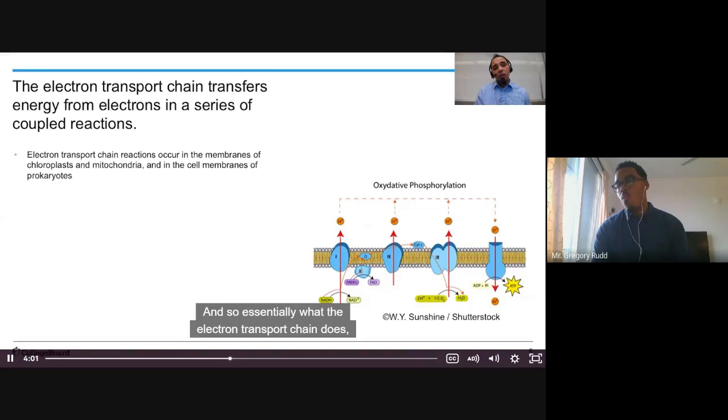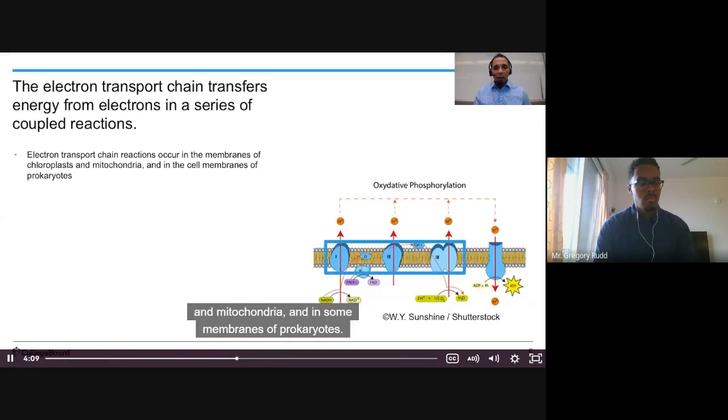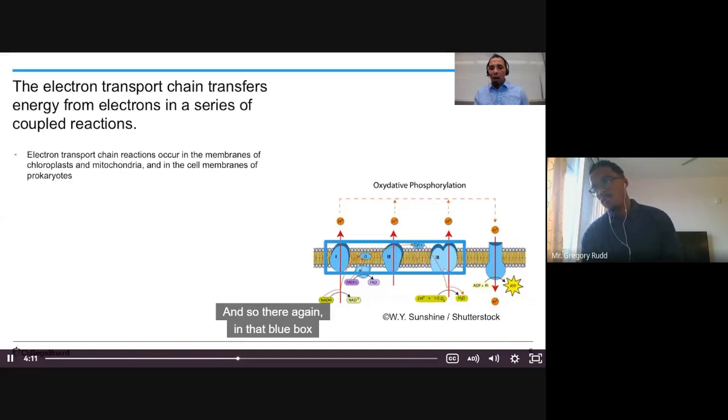And so essentially what the electron transport chain does, the reactions occur in membranes of chloroplasts and mitochondria and in the cell membranes of prokaryotes. And so there again, in that blue box, I'm showing you the electron transport chain.